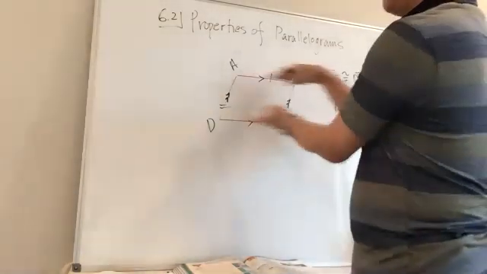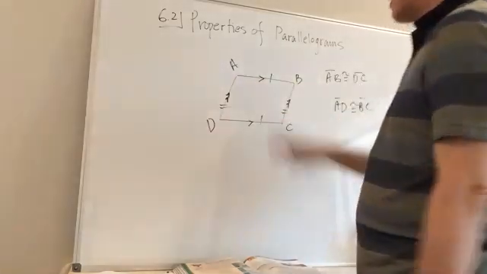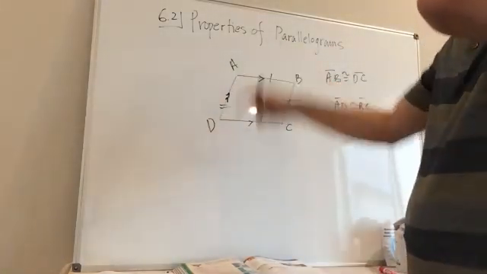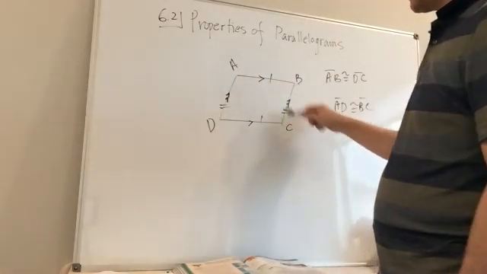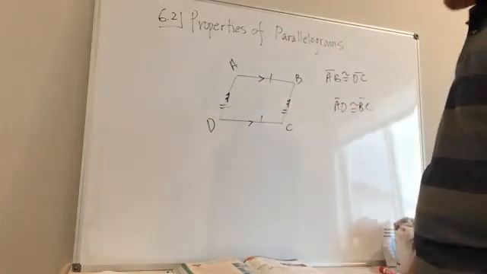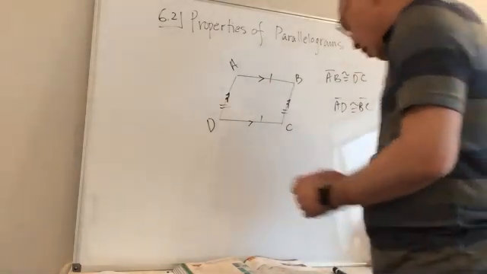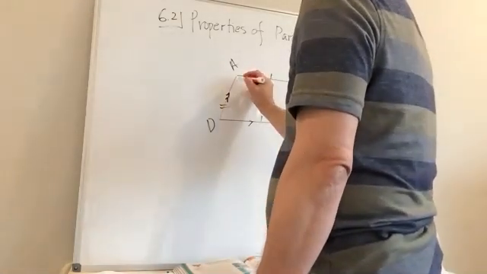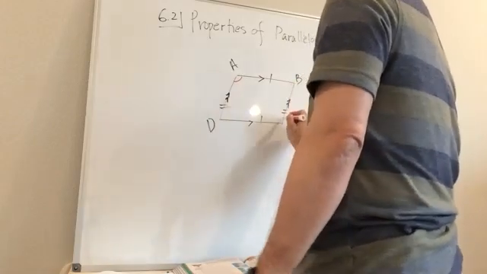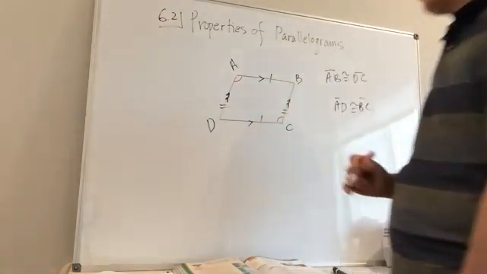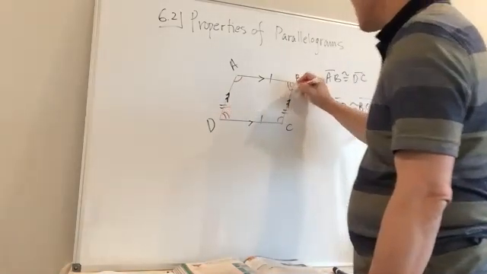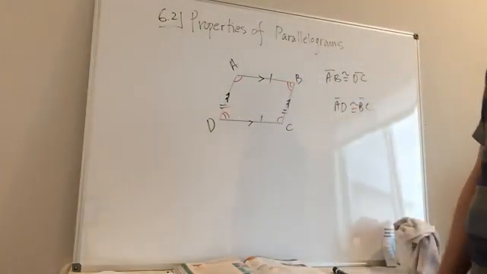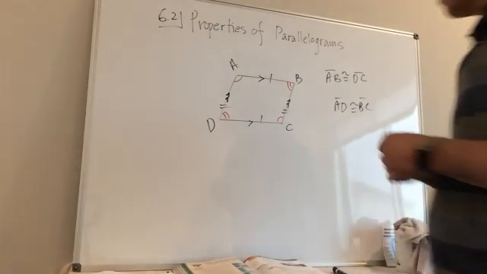Two lines that are parallel meet together like that. So if you form a parallelogram, this length and this length are the same, this length and this length are the same. Also, this angle and this angle are the same, and this angle and this angle are the same.